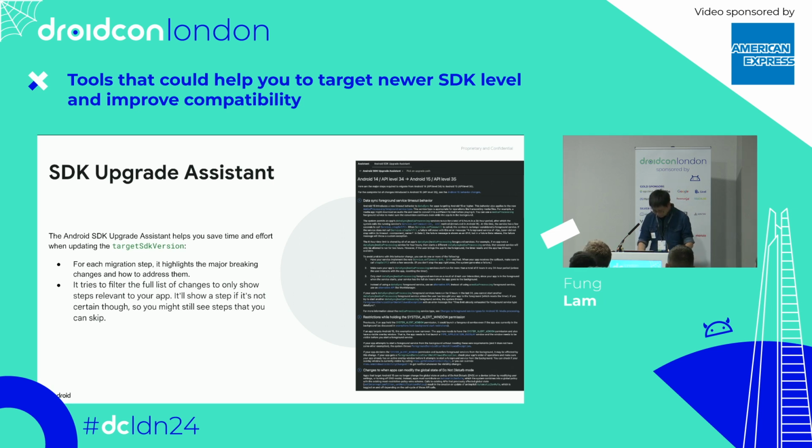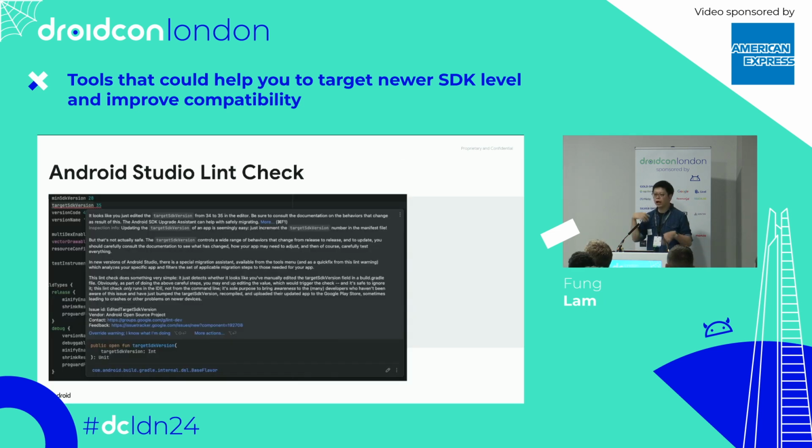Yes. In Android Studio, we also have lint checks. For the first time, you can see if I just update my target SDK version from 32 to 35, it is a red line, not a yellow line this time. A red line means you cannot build your application until you resolve it.